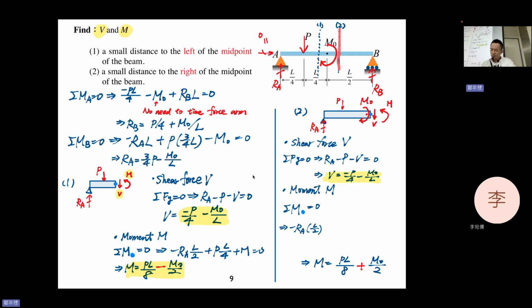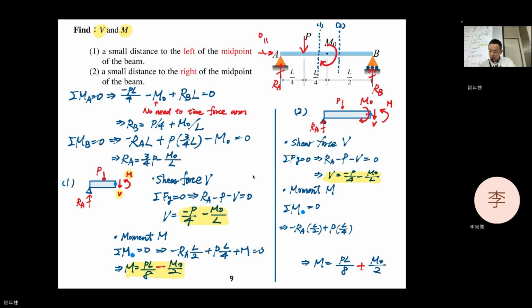Forgive my exaggeration in the illustration. All right, half L, and plus P times L over 4, because P makes a counterclockwise moment about the blue origin.